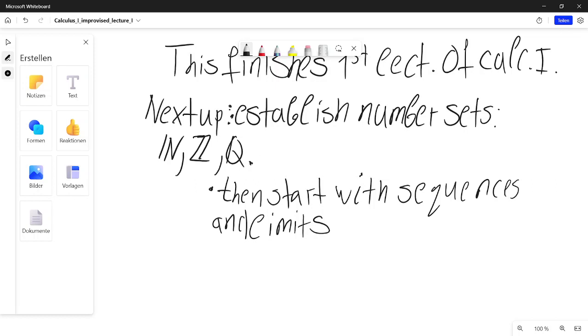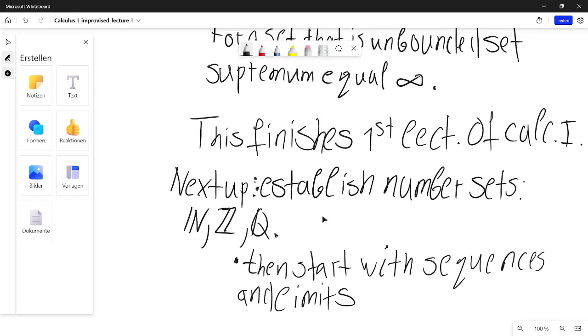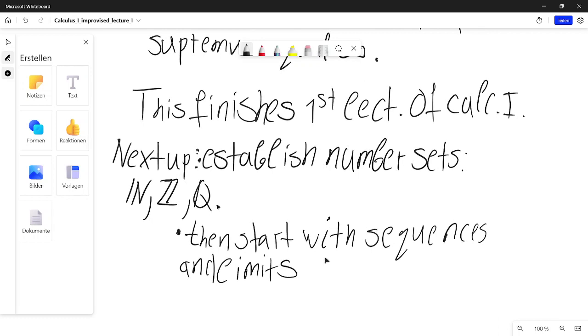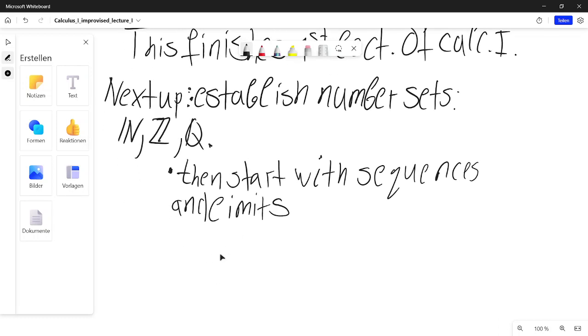We do not have to establish anything else. Yeah, we have to establish those numbers, and we start with sequences and limits.